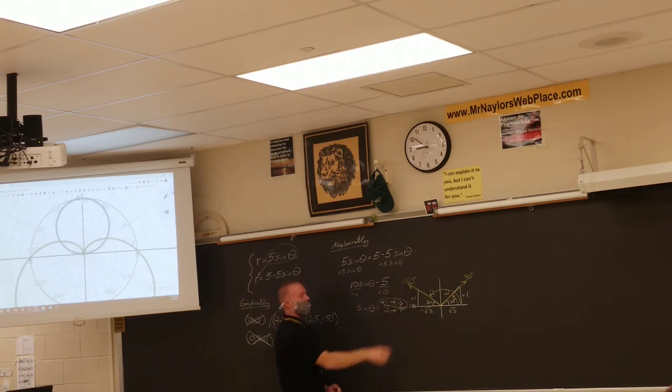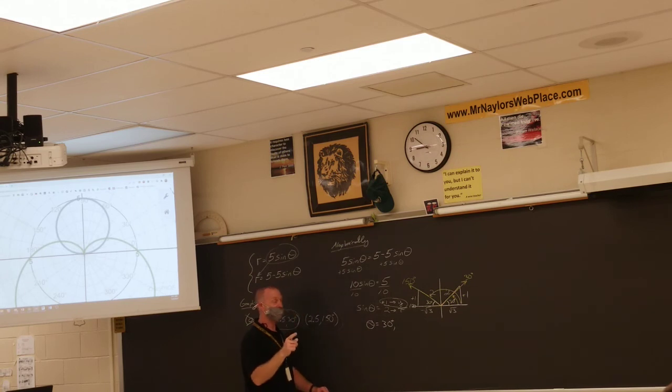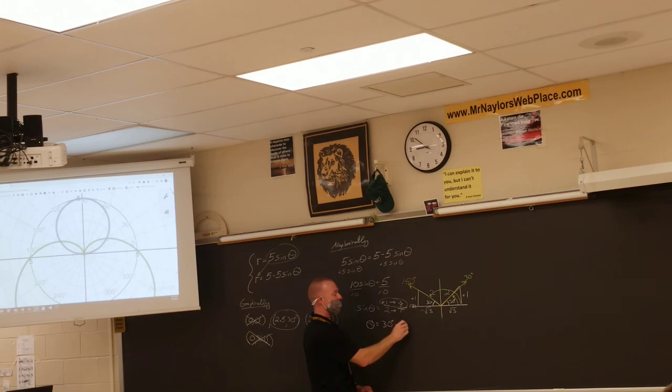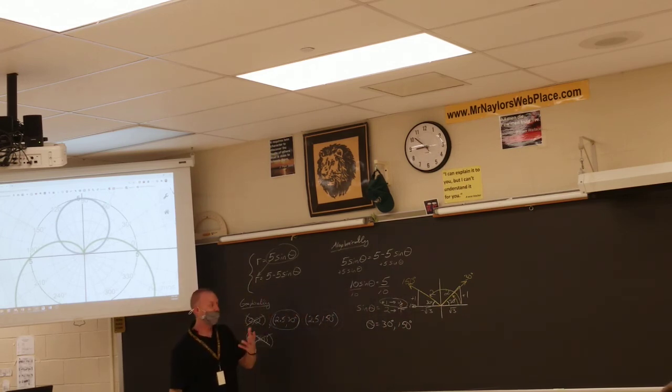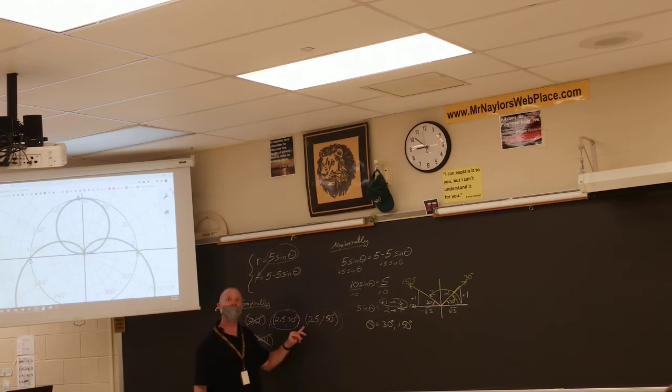So here's what just happened. We solved this equation for 2 angles. Yes, 30 is what you got when you did the inverse 5 minutes ago. But 150 is what you get when you think about this triangle. And both of them are answers. Now, technically, both of them are going to turn into points.